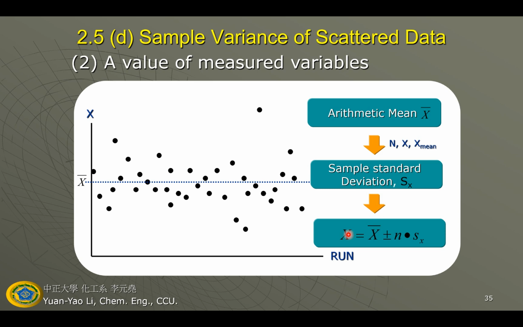You can represent each point like this: x equal to x bar plus or minus n times the standard deviation, where n is a number. This is what we call error limits.